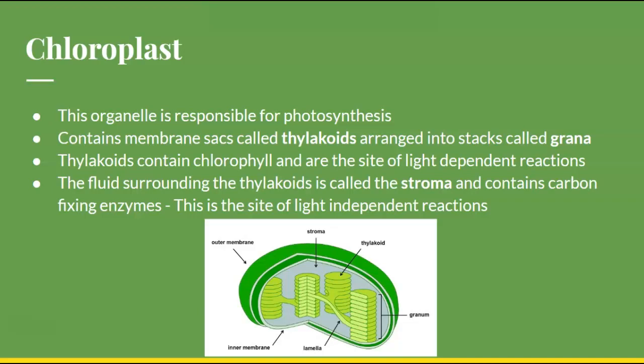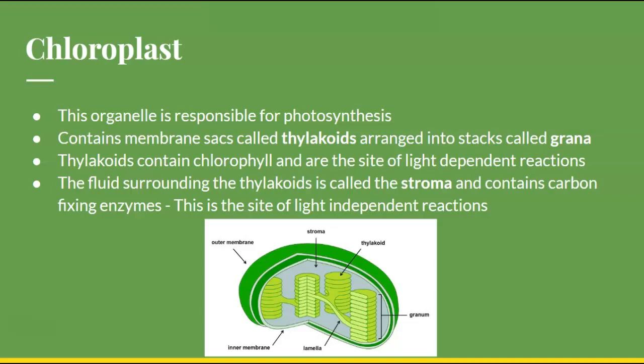In the chloroplast, there are membrane sacs called thylakoids, and thylakoids are these little things right here that look like stacks of coins, and when they're arranged into their stacks, they're called grana. So thylakoids are the singular coin, but when you have a stack of coins, they're called grana. They contain chlorophyll, which is the pigment, and it's the site of the light-dependent reactions.